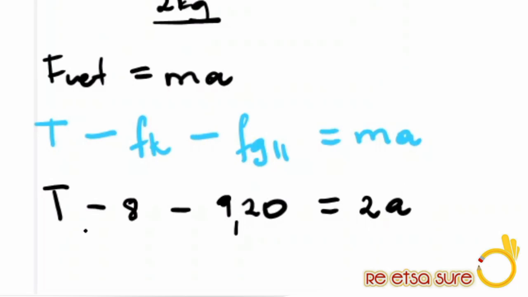So I want to make T the subject of the formula. So now negative 8 minus 9,20, it gives me T minus 17,2 is equal to 2a.